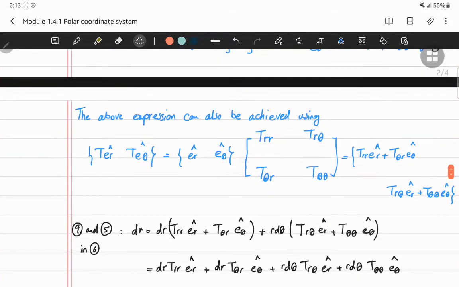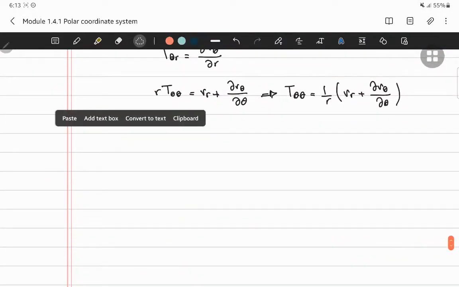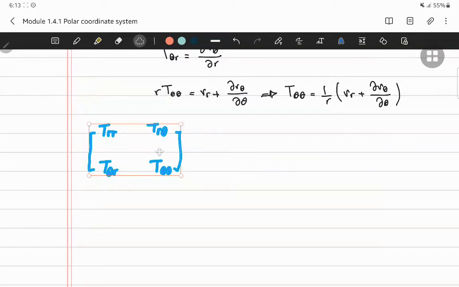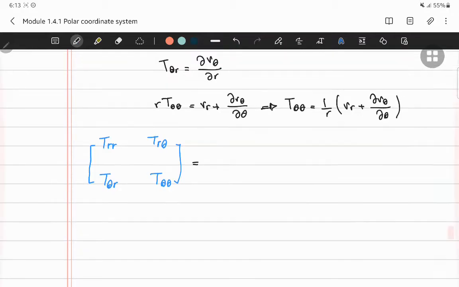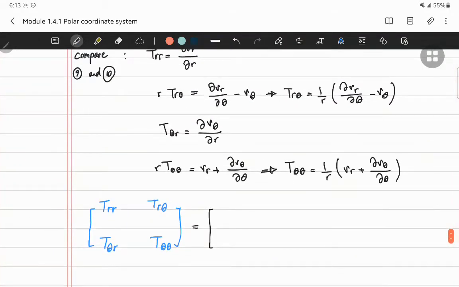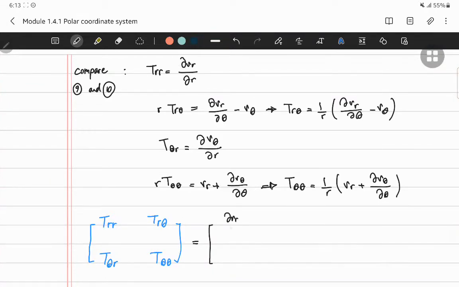So maybe I copy this from here and paste it here. T_rr is this, ∂v_r/∂r. T_θr is ∂v_θ/∂r. T_rθ is this, (1/r)(∂v_r/∂θ minus v_θ), and T_θθ is 1 divided by r, v_r plus ∂v_θ/∂θ.